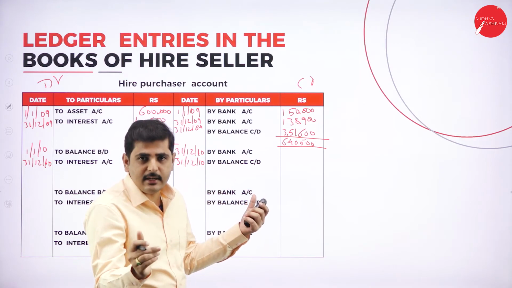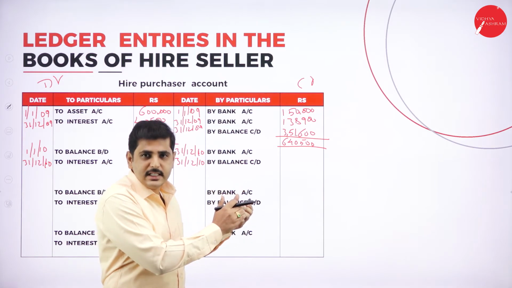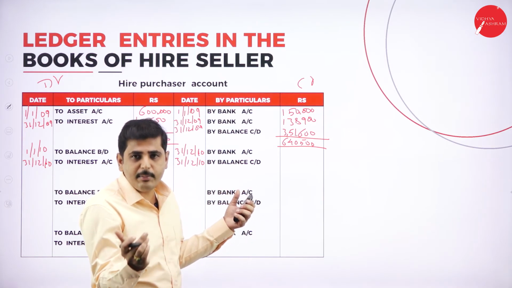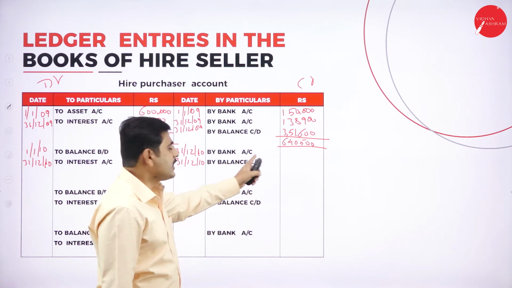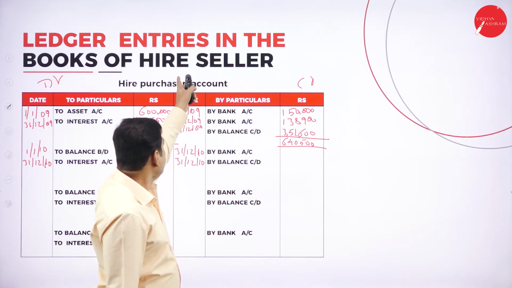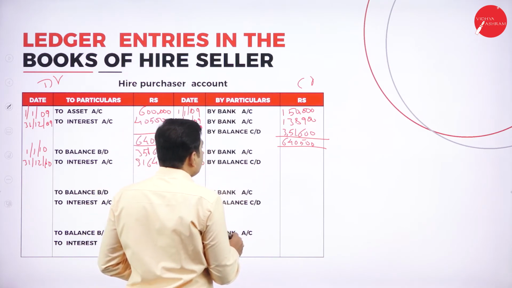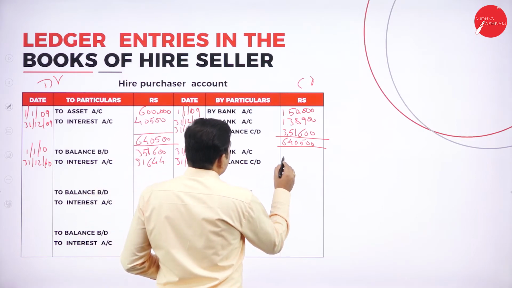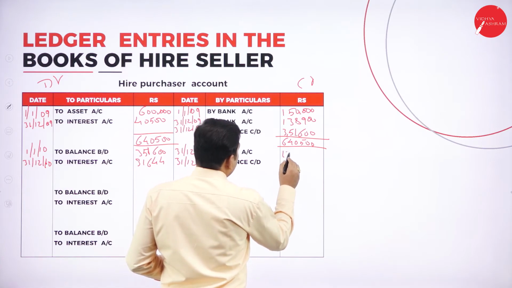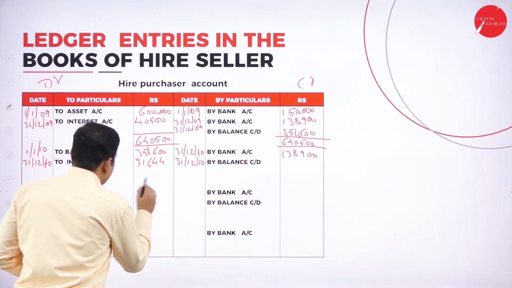When the hire purchaser pays the check to the bank, who is the receiver? Bank is the receiver, hire purchaser is the payer. So debit the receiver, credit the giver; that's why by bank account to hire purchaser account. What is the second year installment? The second year installment is 1,38,900. Now tally both sides.